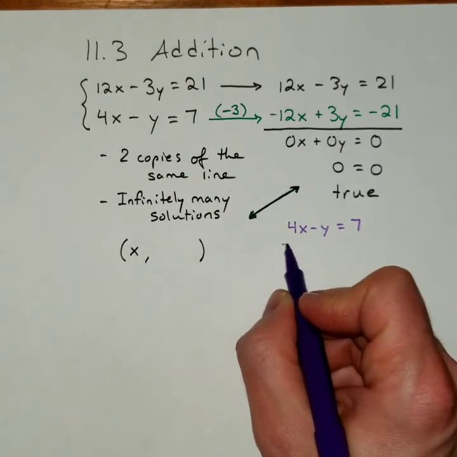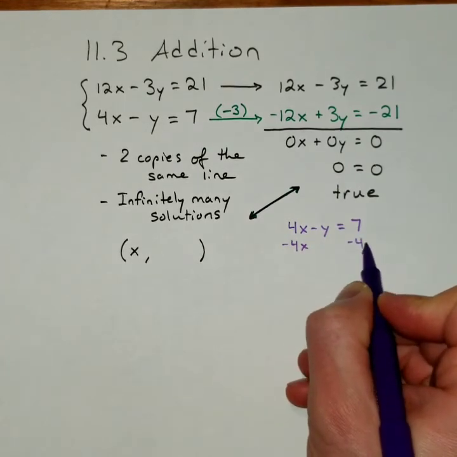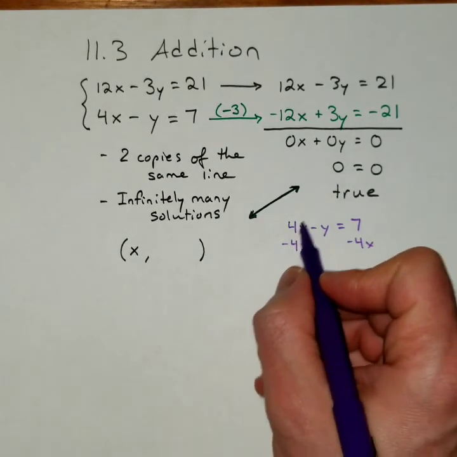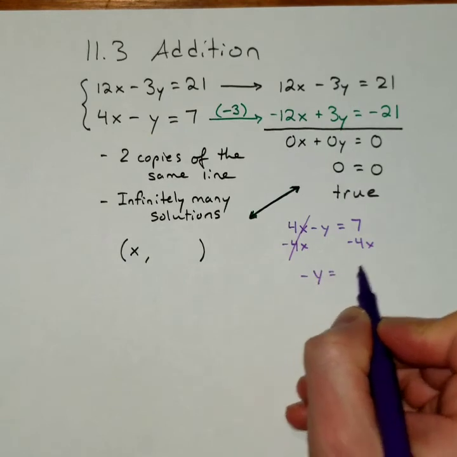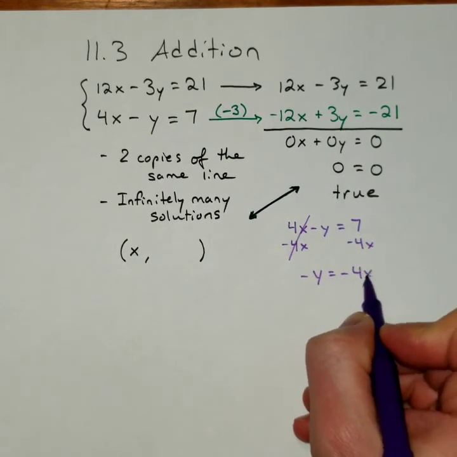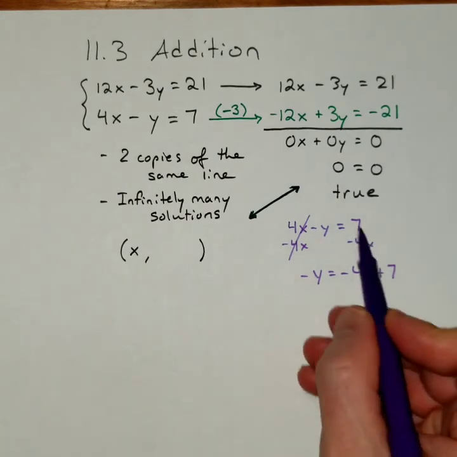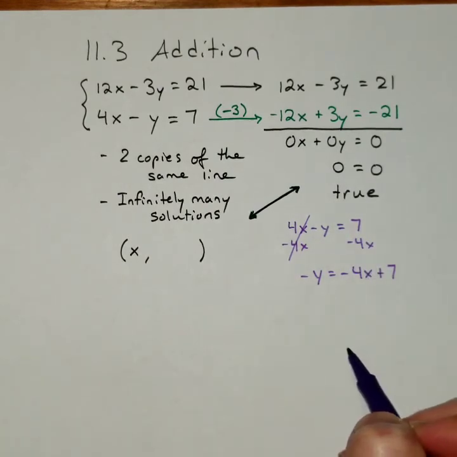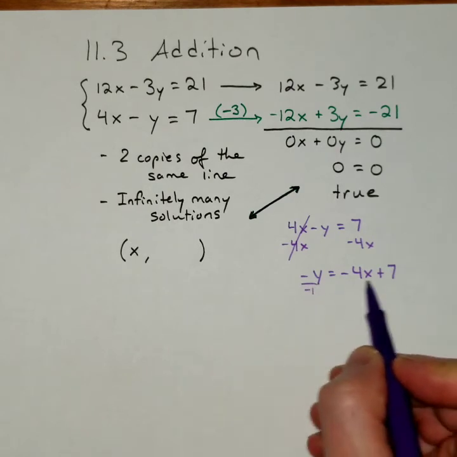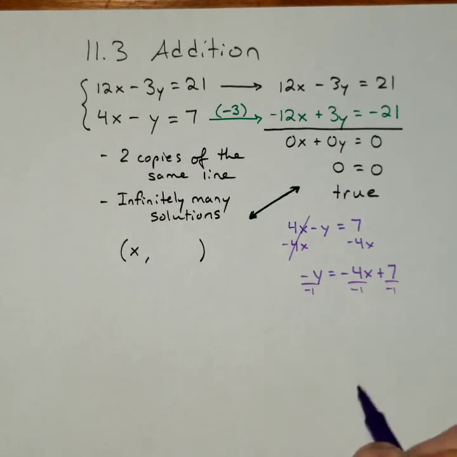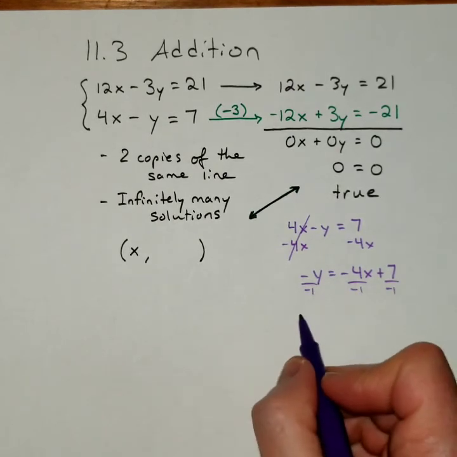I'm going to subtract the 4x from both sides. So those drop out. I get negative y equals negative 4x plus 7. Again, these are unlike terms, so I cannot combine them. And then I'm going to divide by negative 1 to free up the y. And that changes all my signs.